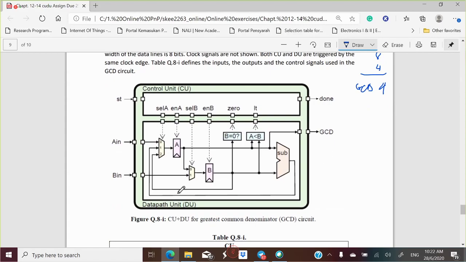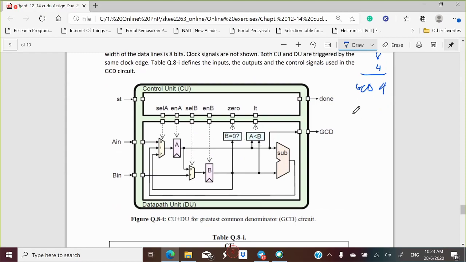Then here, this is actually the one that you use in the exercise. You have select A and you have select B. You have the 0, A less than B, right?